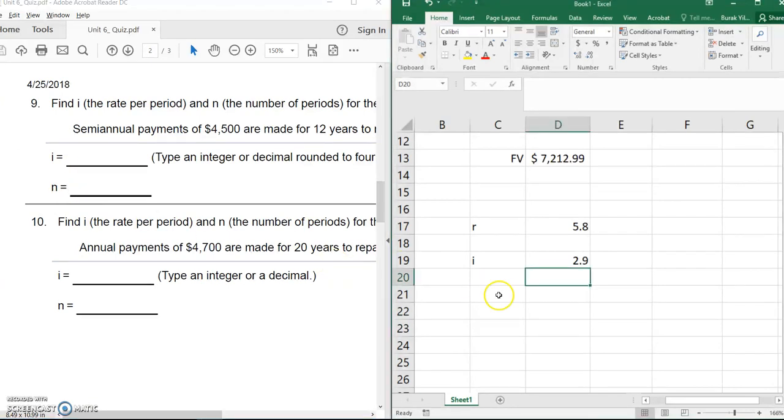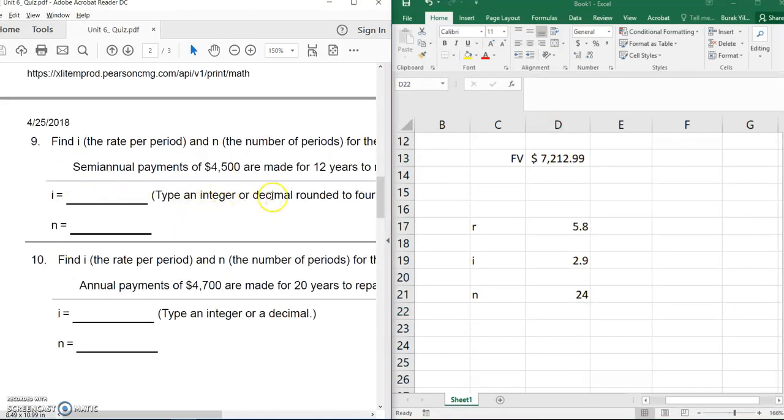And N would be the number of years. So this is happening for 12 years, so 12 times how many times does this compound in a year? Twice, because it's semi-annually. So 12 times 2, 24. So N would be 24 and I would be 2.9%. I is actually requested as a decimal, not as a percent. So instead of 2.9, you need to write 0.029.